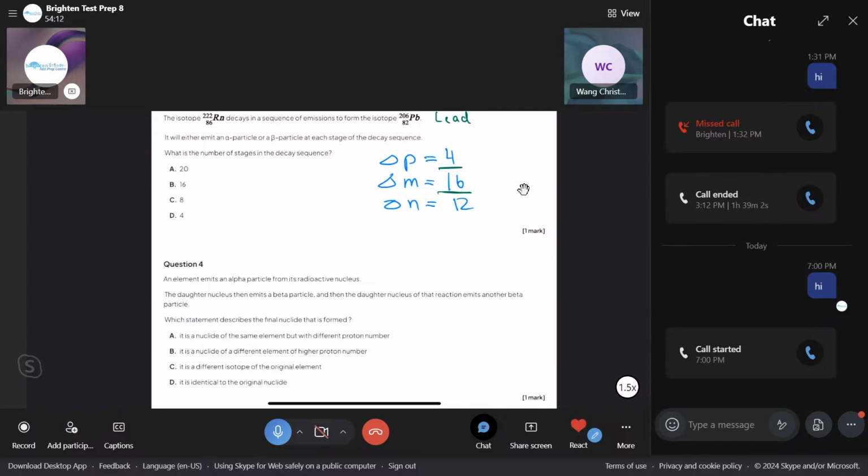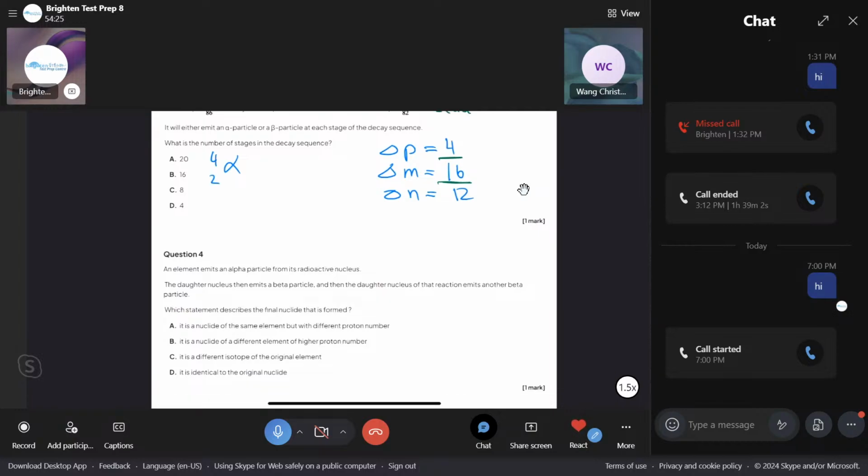So what do we know about an alpha particle? You mentioned it before. What is an alpha particle, Chris? Two protons and 2 neutrons. Okay, 4, 2. So that's why I said we may or may not need the neutrons. So if we look at the protons, 2 lost, we have 2 neutrons and 2 protons.